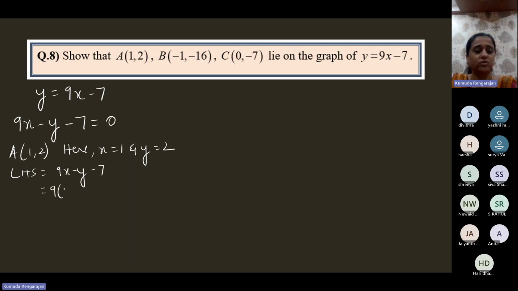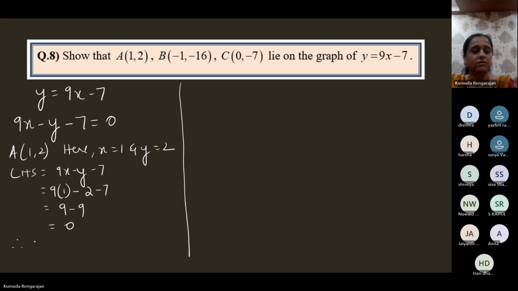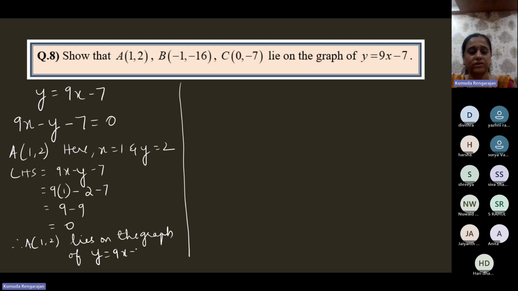That's equal to 9 into 1 minus 2 minus 7, which is 9 minus 9, which is 0. Therefore, A 1 comma 2 lies on the graph of y is equal to 9x minus 7.